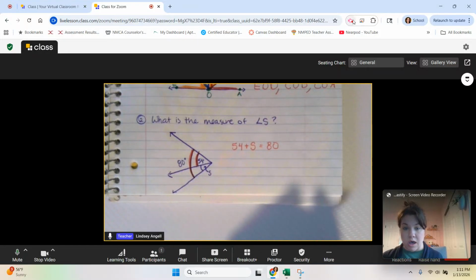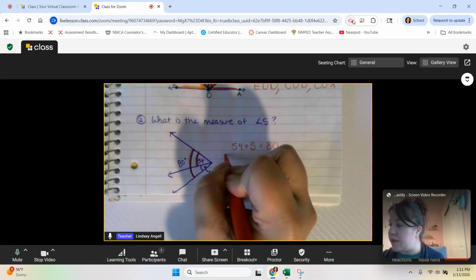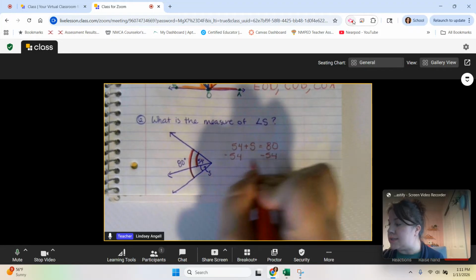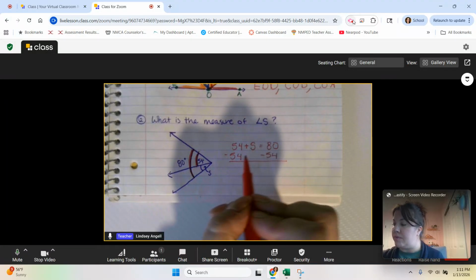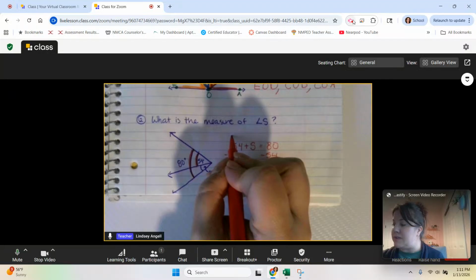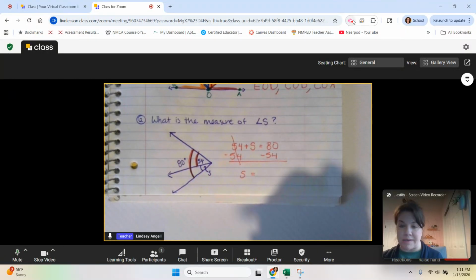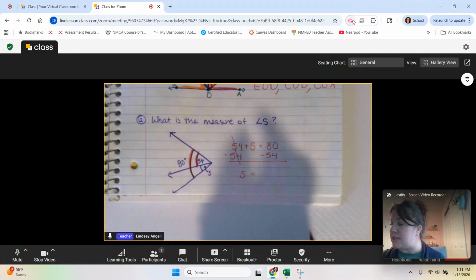In order to solve, we need to take away the 54, and we can even use our understanding of equations to help us get there, at least the way I have it set up right now. We didn't have to use an equation, but it's helpful. 54 minus 54 is 0, so those cancel. On the left, we're left with S, which is good. That's our variable. That was our goal, to figure out what angle S is equal to.